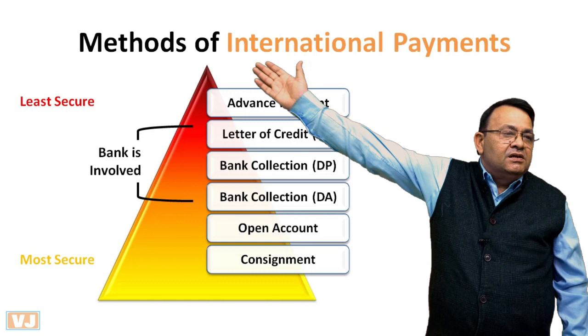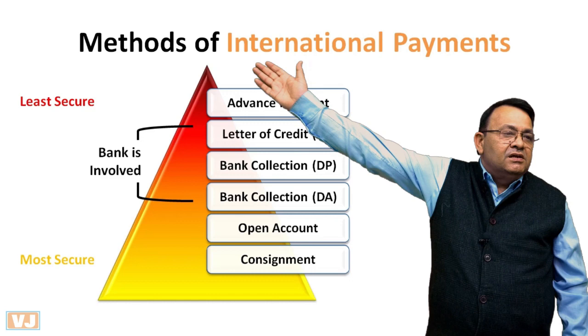Herein, if the payment has to be made immediately for getting the documents, that is payment at sight, that kind of situation is called bank collection on the DP terms, that is the documents against payment.